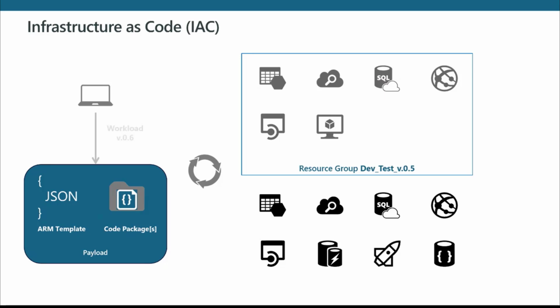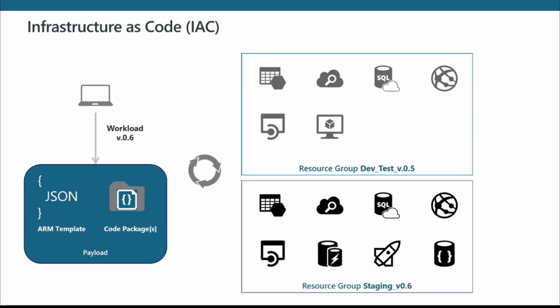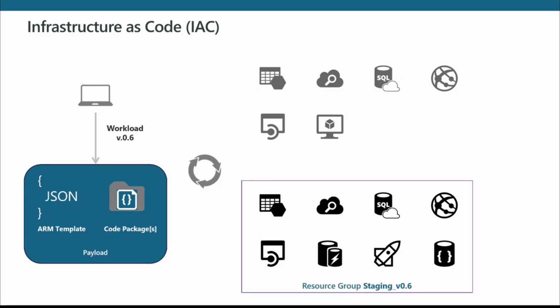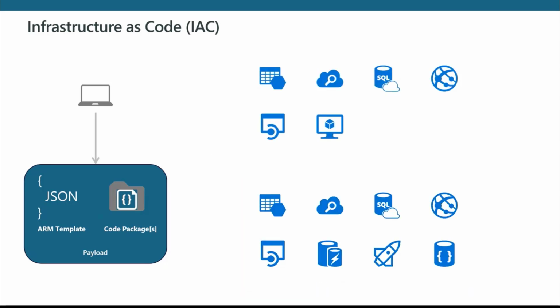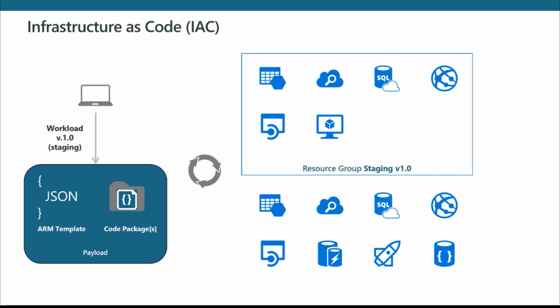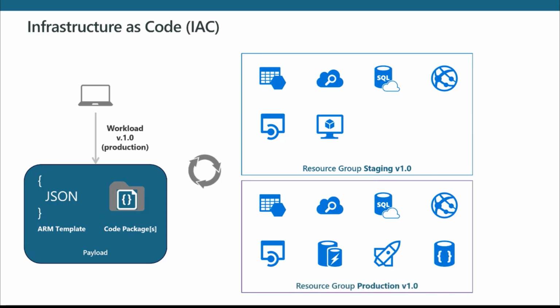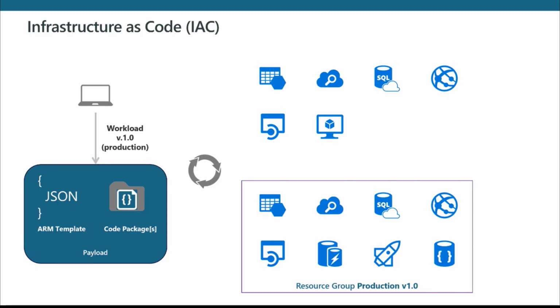And from there, when everything is working fine, I'm going to make some changes, ending up in version 6. And why not move it into a different environment? And then eventually we end up in a final 1.0 version that we're going to deploy in a different resource group again, adding some updates, making some changes, and moving to a full production state.